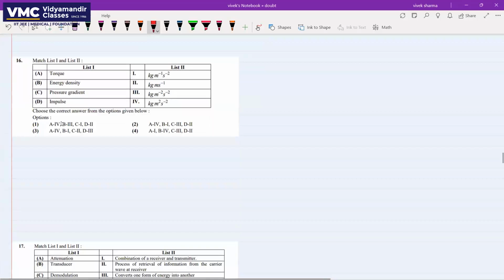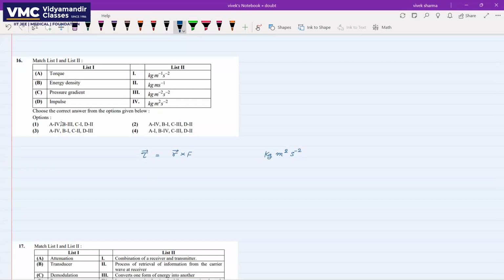Now moving to question number 16. We have to match the quantities with their corresponding units. So torque, as we know, tau is equal to r cross F. Unit will become kilogram meter square second raised to the power -2.